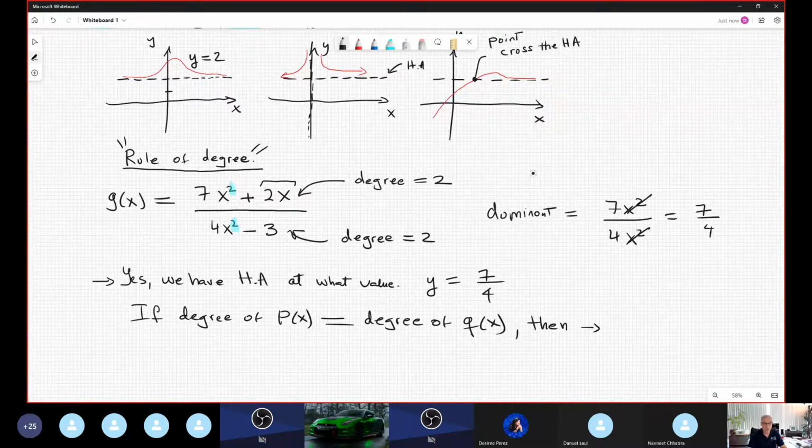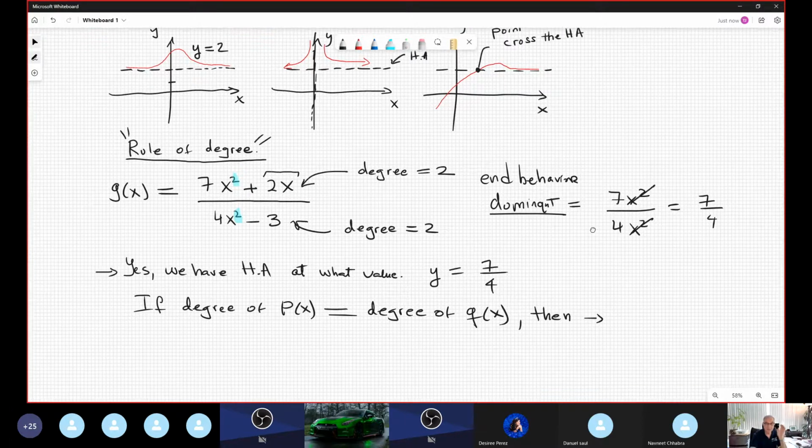At what value? The division of the dominant terms, which is similar to the end behavior. Same idea, but end behavior on the top, end behavior on the bottom.